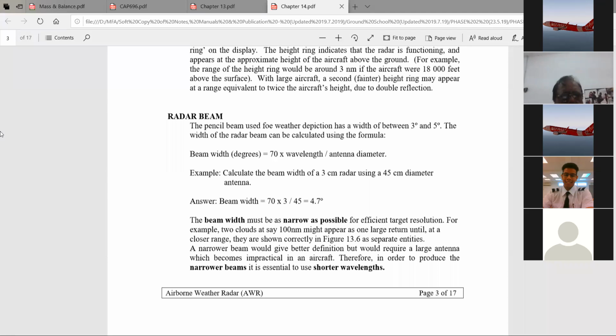I said the larger the size of the antenna, the narrower the beam. We can do nothing much as far as the size of the antenna is concerned in the aircraft. As such, we are using the frequency, which is closer to 9,000.